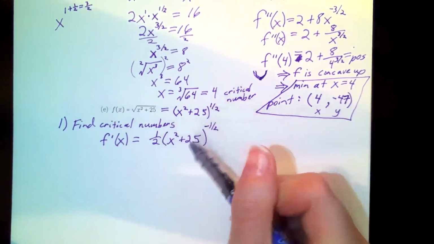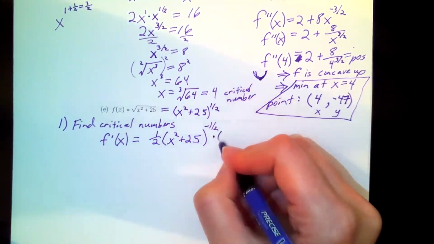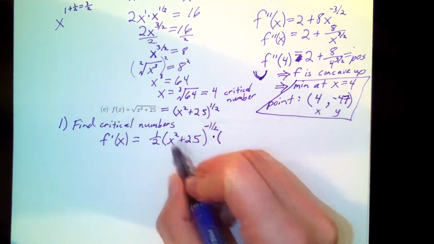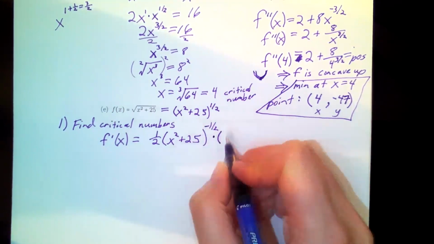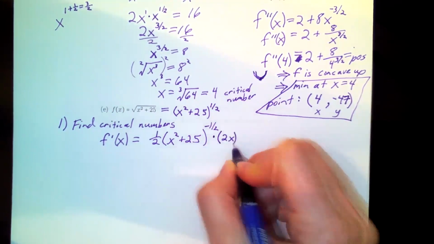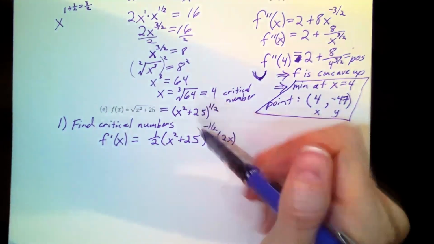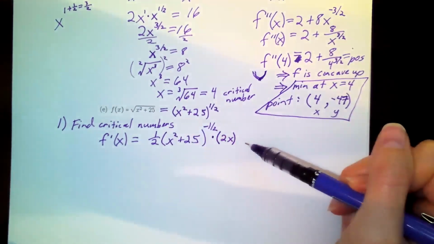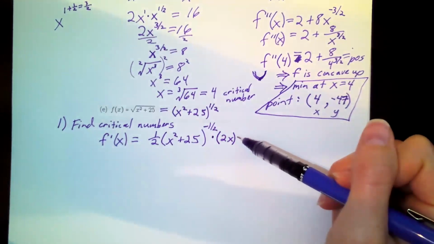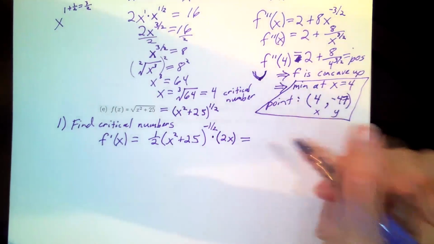This is the power rule. C times R, x to the R minus 1. But as part of the general power rule, remember, you have to multiply by the derivative of the inside function. The derivative of x squared plus 25 is 2x. Now, what am I getting ready to do with this? If I'm going to find a critical number, I'm supposed to set this equal to 0, which means that it really needs to be cleaned up so that the algebra becomes a little more clear.